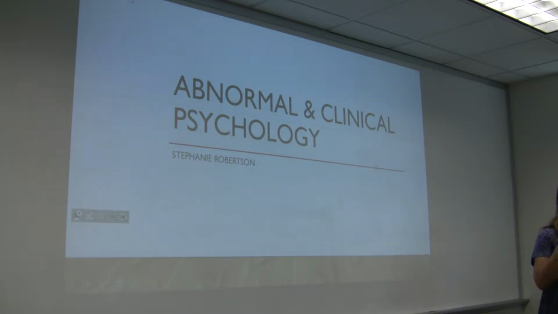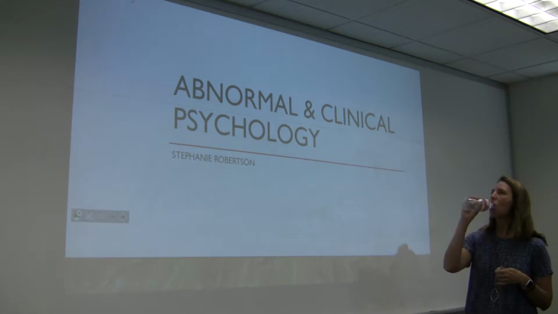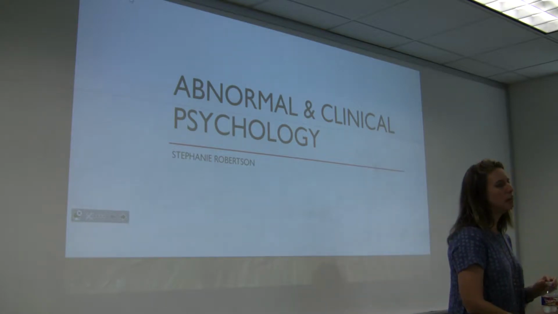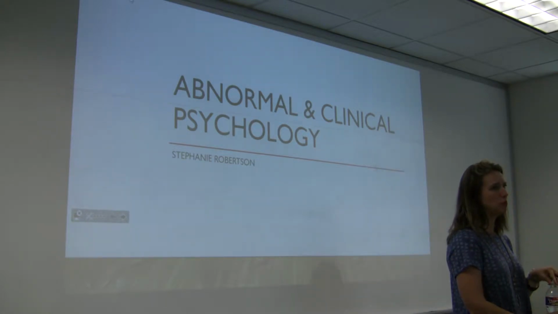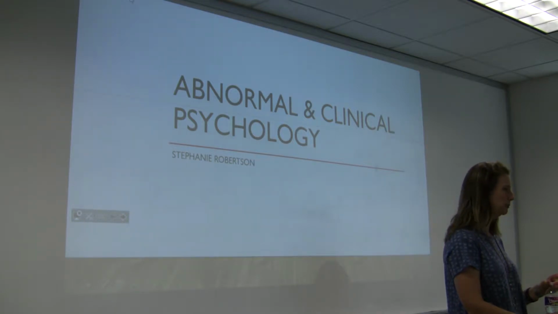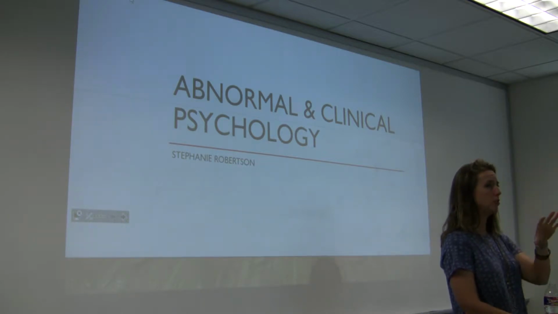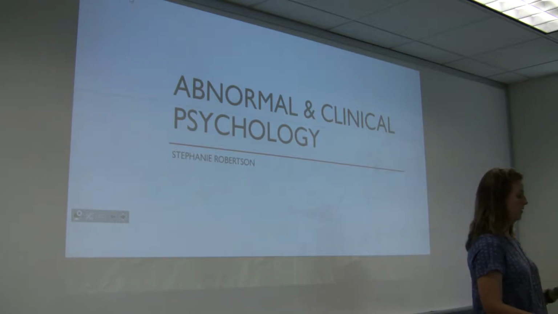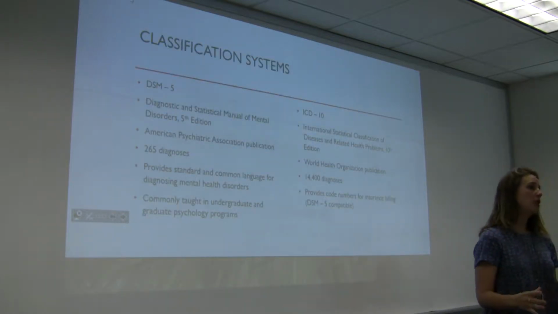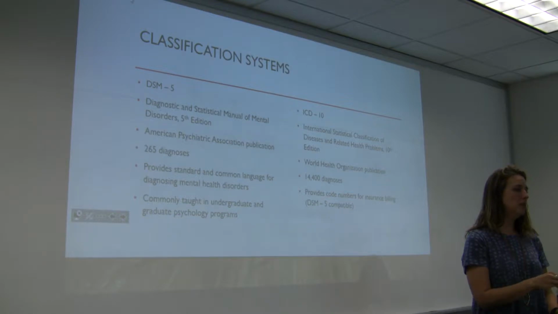In the major field test, instead of just looking at abnormal psychology features like we do in our abnormal classes, they are interested not only in the features of the different disorders, but also in treatment modalities. So I'm going to touch on treatment modalities as well.